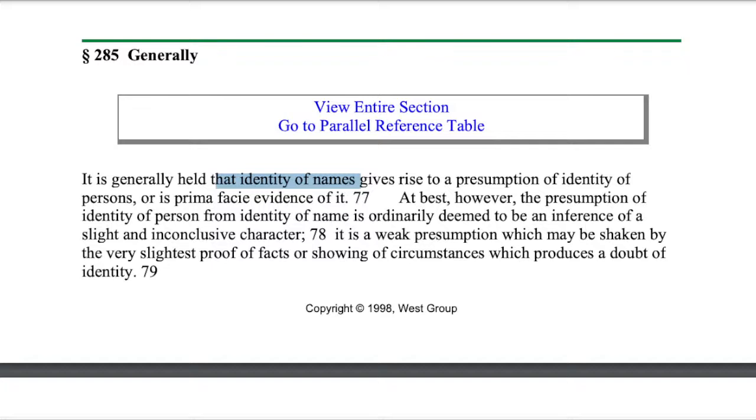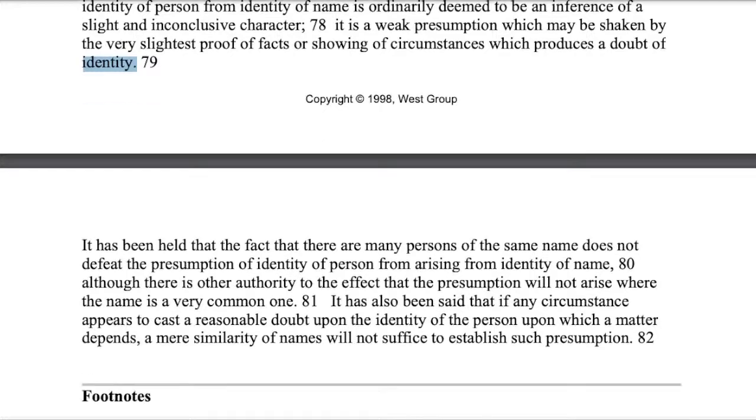Identity of names. Interesting. At best, however, the presumption of identity of person from identity of name is ordinarily deemed to be an inference of a slight and inconclusive character. It is a weak presumption, which may be shaken by the very slightest proof of facts or showing of circumstances, which produces a doubt of identity. See this here? In the name. What's in the name?